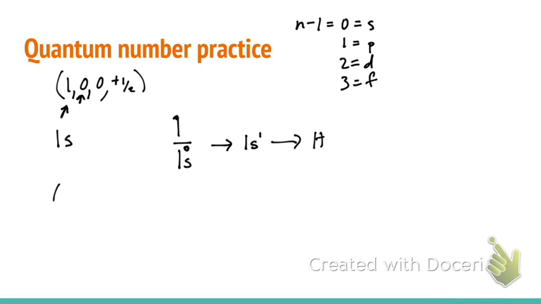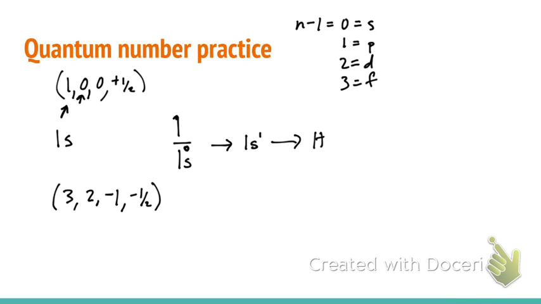Let's do another one. The next one, let's do 3, 2, -1, and -1/2. The question might be, if this is the highest energy electron, what element does it refer to?